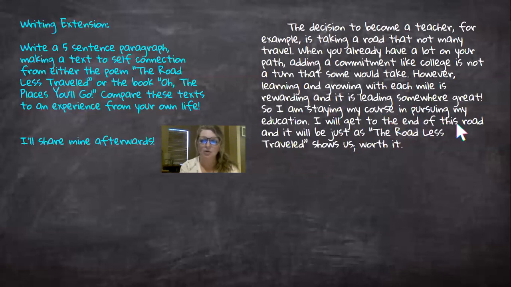Get to the end of the road. Okay, so you see how I kind of use some of the same terminology to stay with that road less traveled kind of a theme. So I hope that shows you a little writing extension that you can do. You can always do this kind of stuff in your journals or on a sheet of paper. Just write down your experiences like this and make those connections.